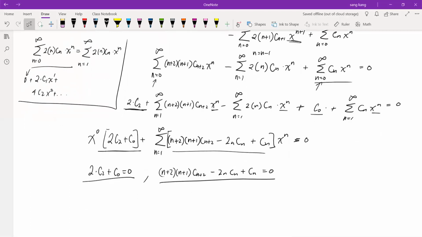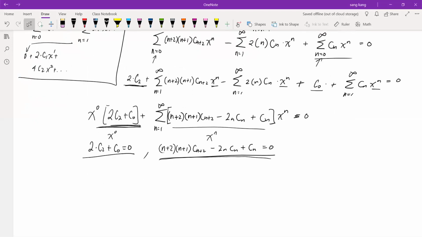And again, that has to do with the fact that this first term is coinciding with the x to the 0 power, and the second term is coinciding with basically all the other x's, right? Because it's x to the n, and n cycles through 1 through infinity. The second condition is dealing with all the other x's.